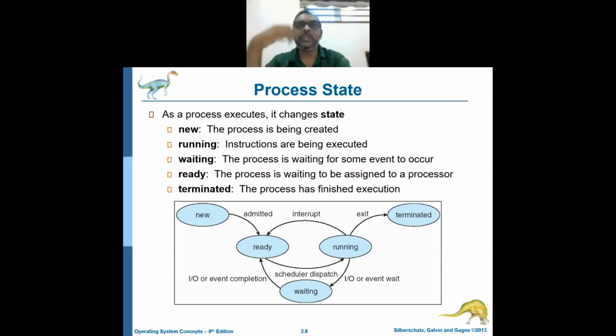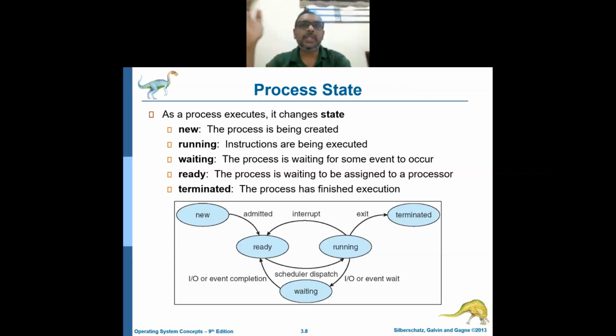Some processes can be immediately processed. For example, when you're doing programming, you put in all the inputs and immediately it's processed. Like Microsoft Word, it's a process, and you can just type in immediately.